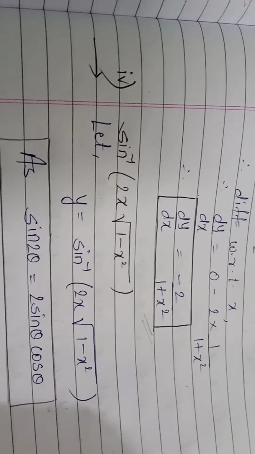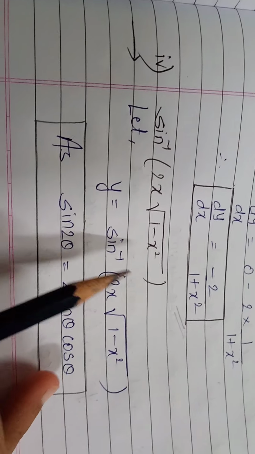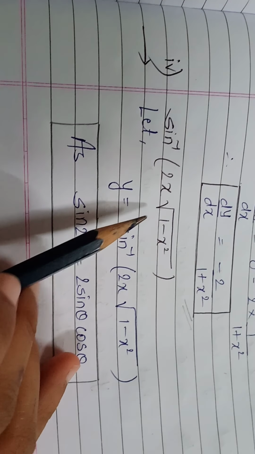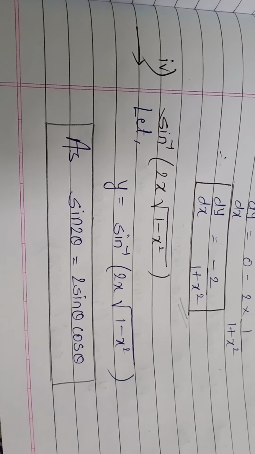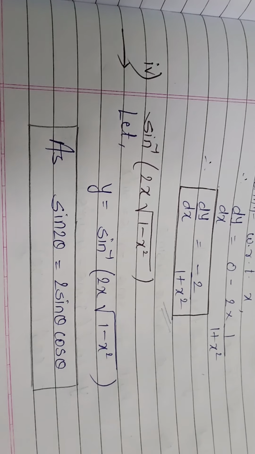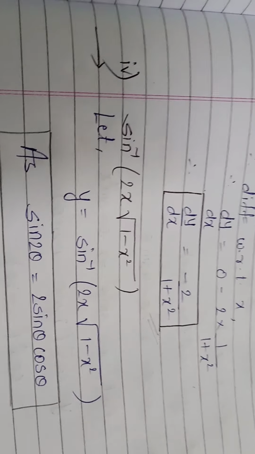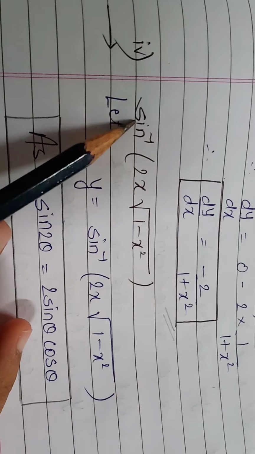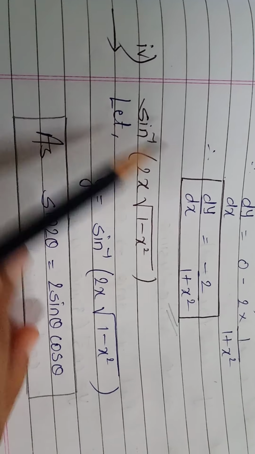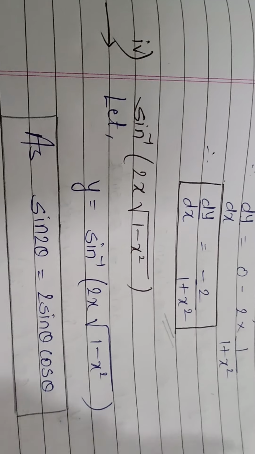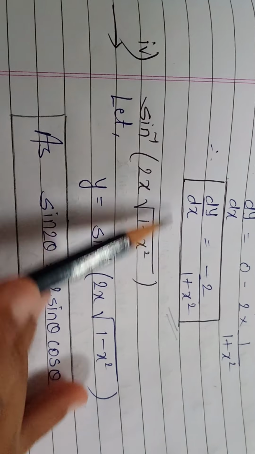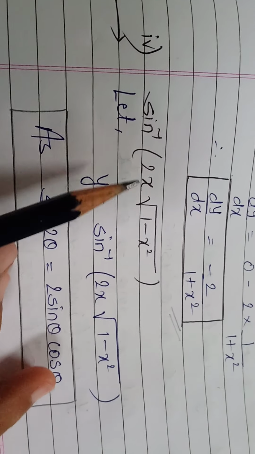Okay. Next question is other than the 2 theta formulas, meaning other than those containing tan theta terms. It is not like that. It is something different. So first of all observe that it is sine inverse outside. It means we have to arrange sine here, right?